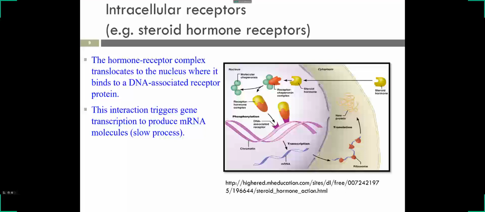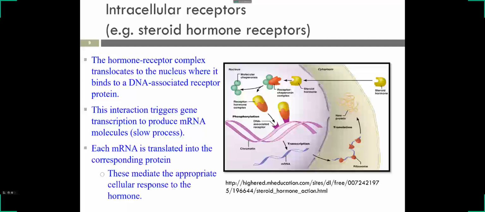And because that process is very slow, you have to make more message and make more protein. There is a slow onset of action compared to the GPCR, but it is more prolonged, right? It's going to last longer.